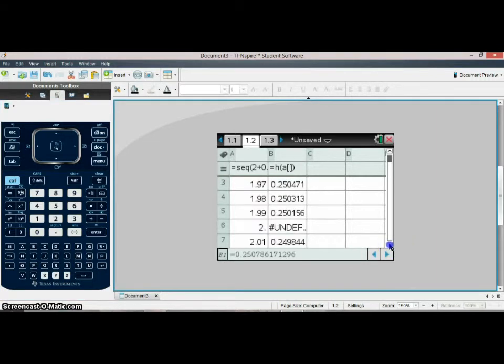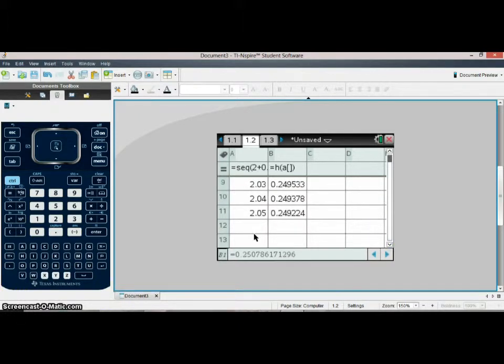So what we find, you can see as it approaches 2, you're getting pretty close to what? That's right, 1/4, as you can tell. So it's getting pretty close to 1/4, but not actually ever getting there.